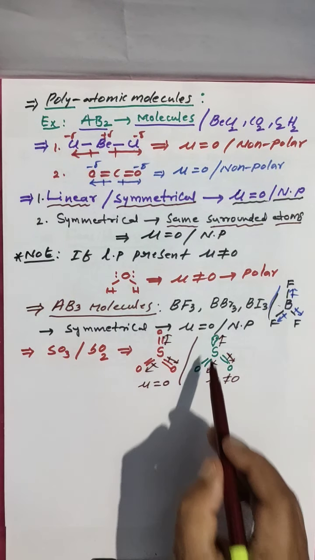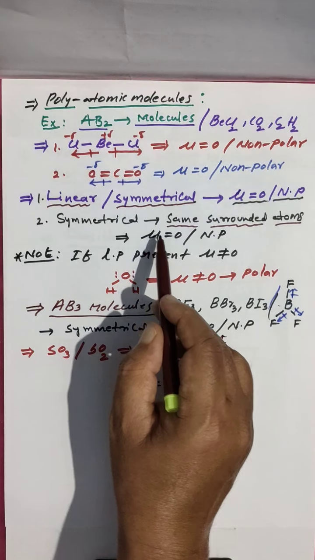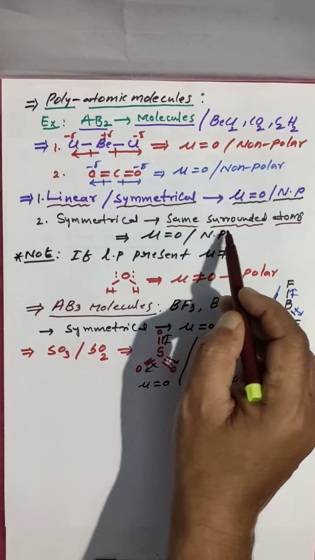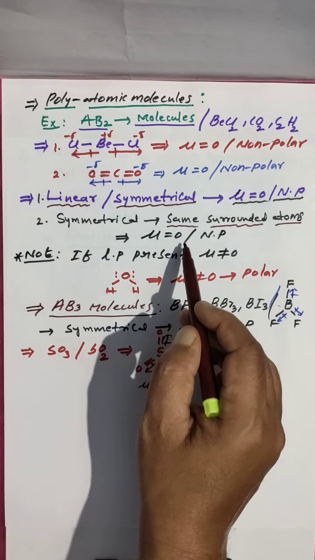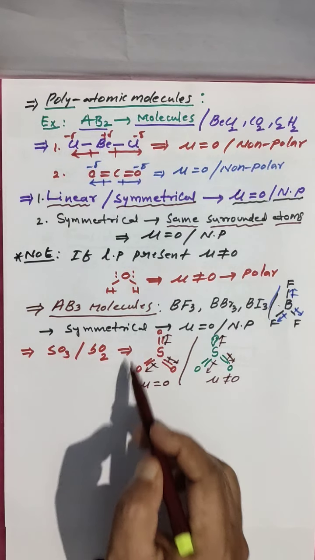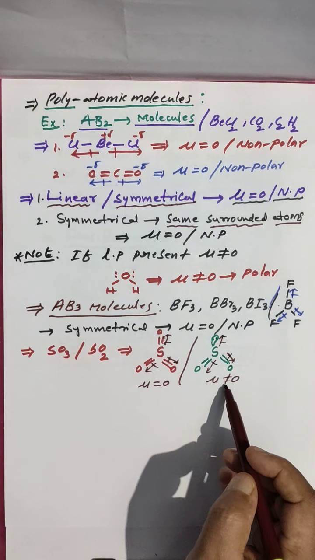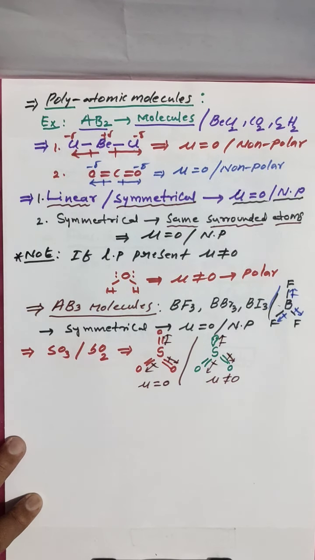I told you, a symmetrical molecule with the same surrounded atoms has net dipole moment 0, but if a lone pair is there, not equal to 0.